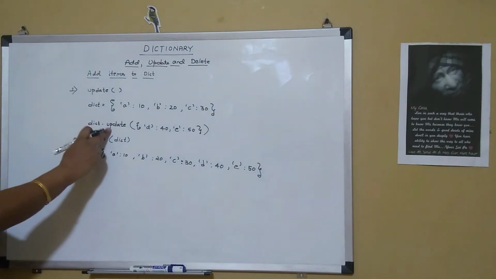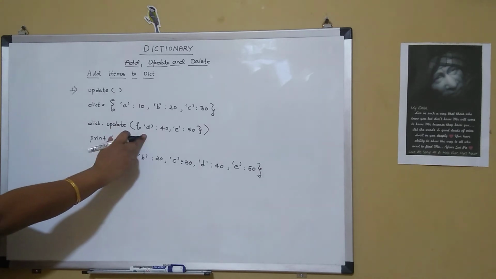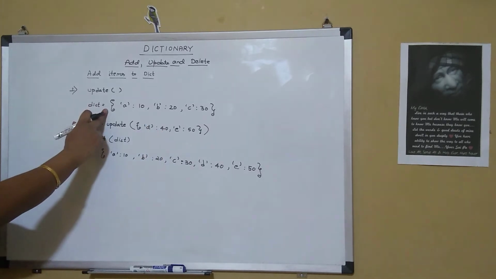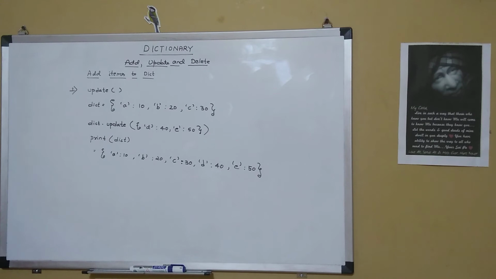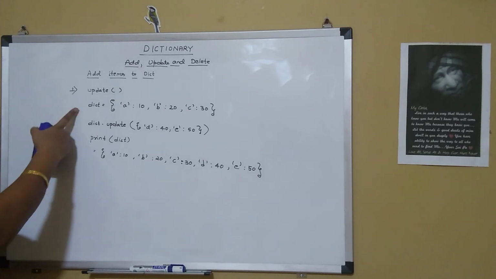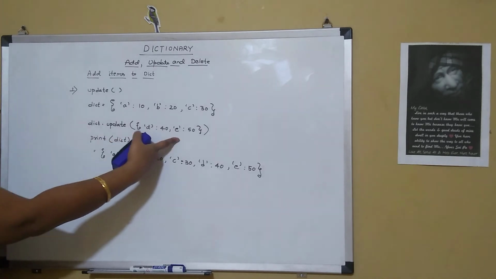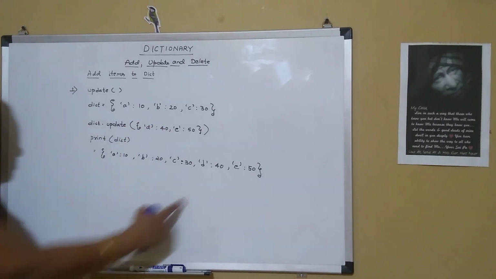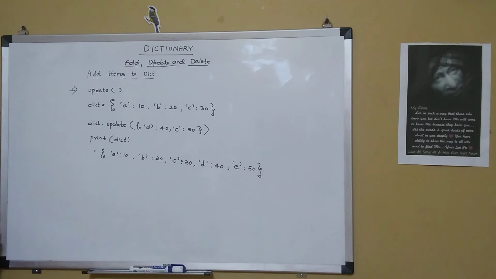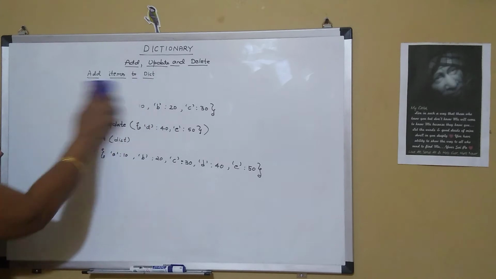So this is how the update function adds key value pairs into the existing dictionary. It will be added to the existing dictionary, and now when we print dictionary, the new items added will be printed. So this is how we can add items into the dictionary. The first one was with the help of assignment operator, and the second was with the update built-in function.